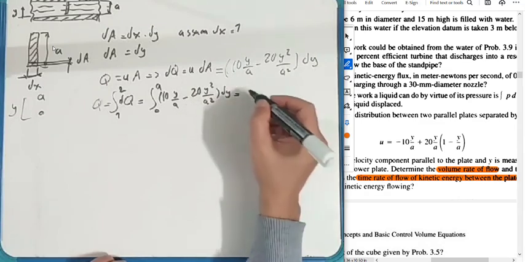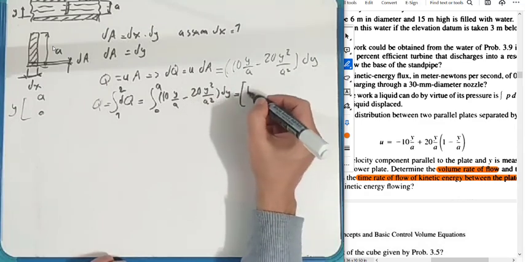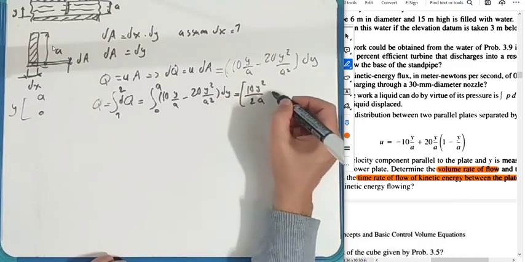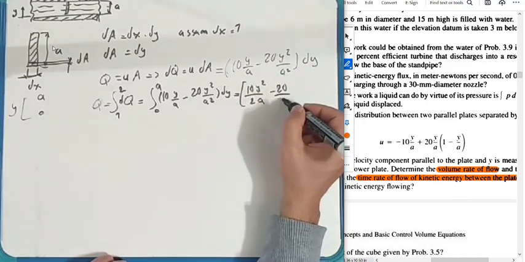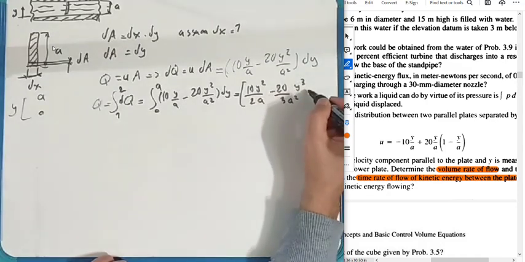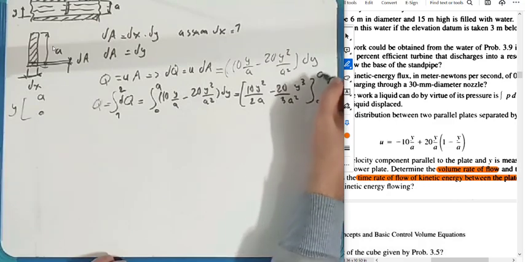Then if I integrate, it would be 10 y squared over 2a minus 20 over 3a squared y cubed, from 0 to a.